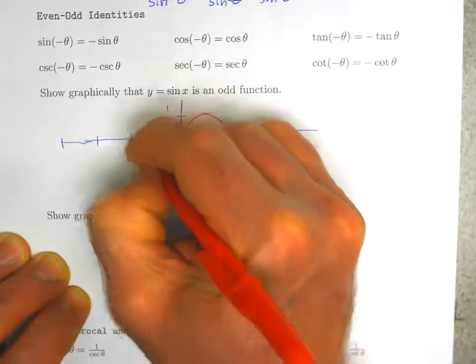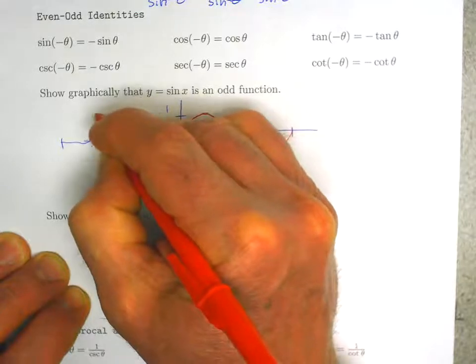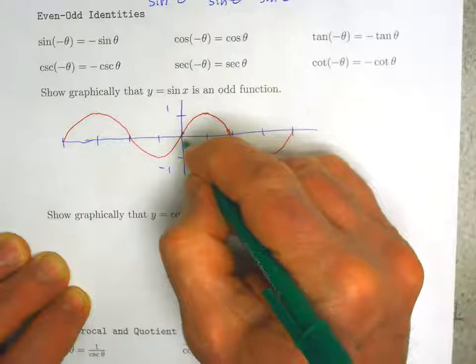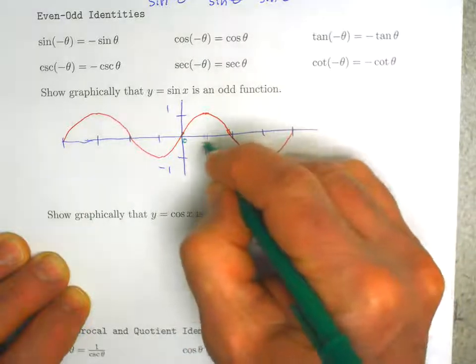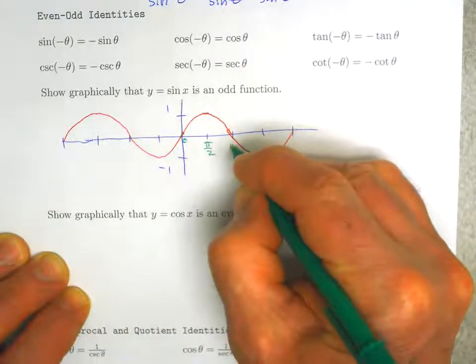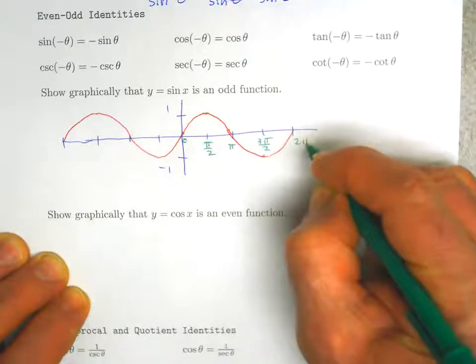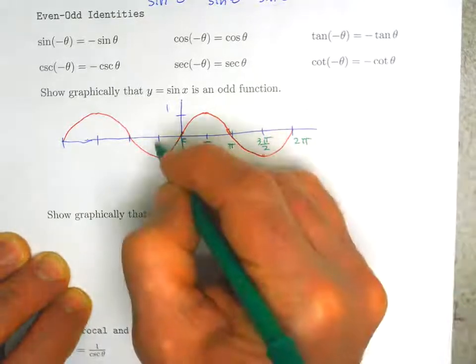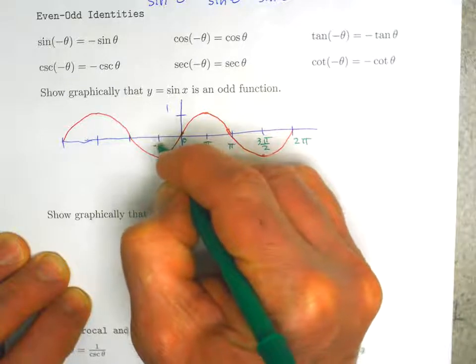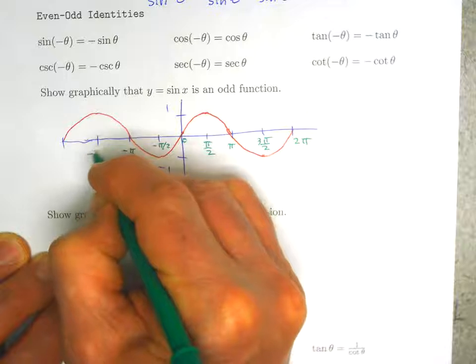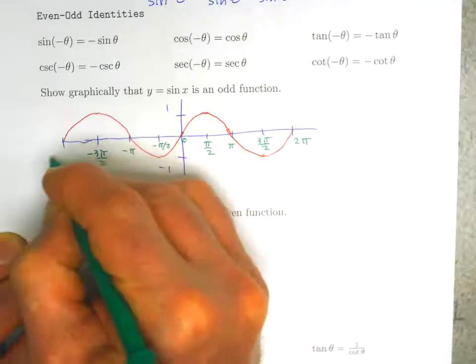And then the period on the left. So the input values, well, 0, this one's pi over 2, pi, 3 pi over 2, and 2 pi. Then this one's negative pi over 2, negative pi, negative 3 pi over 2, and negative 2 pi.